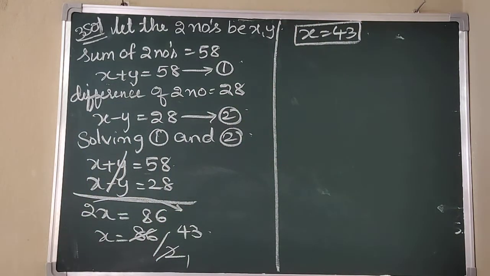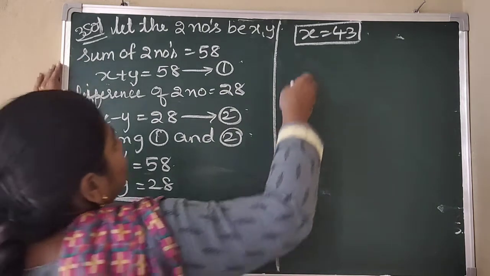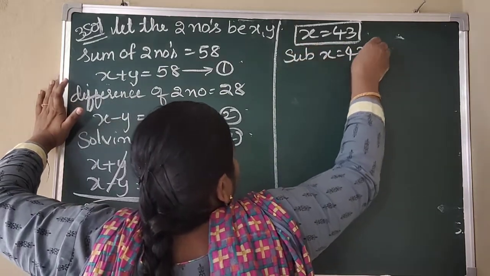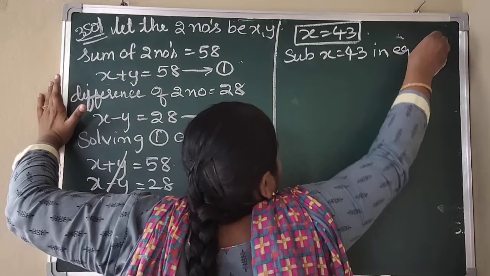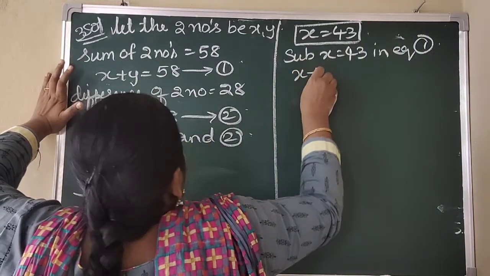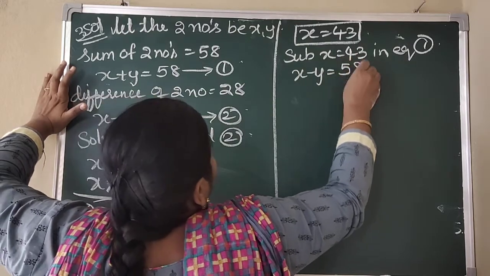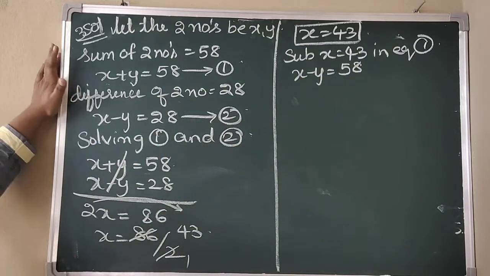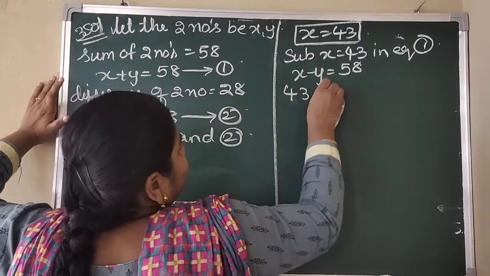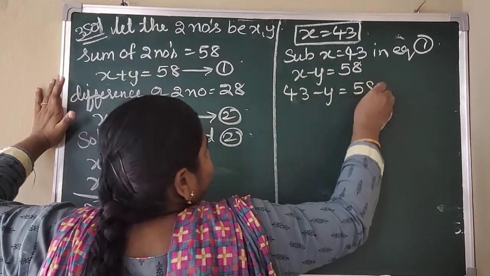Now we have to find the y value. For finding y value, you can substitute this x value in any one of the equations. So I am substituting in the first equation. Substitute x is equals to 43 in equation number 1: x plus y is equals to 58. In place of x, we write 43. So 43 plus y is equals to 58.